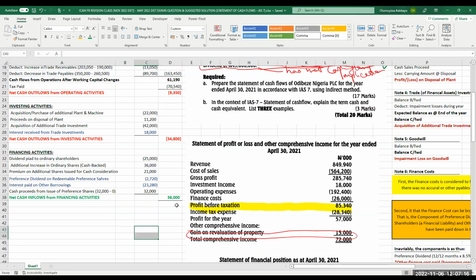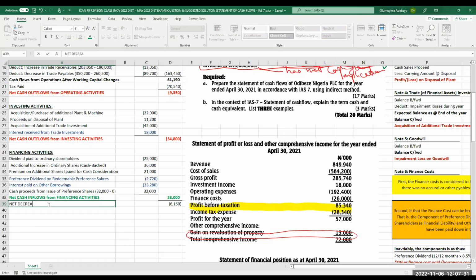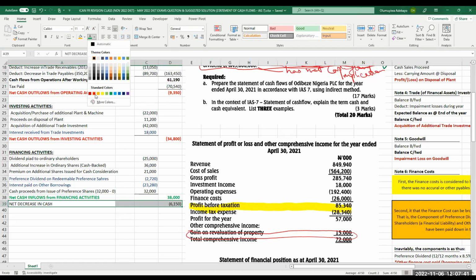And what's the net impact on cash? Negative, negative, and positive. The net position is negative. Net decrease in cash, which I'll put in red.